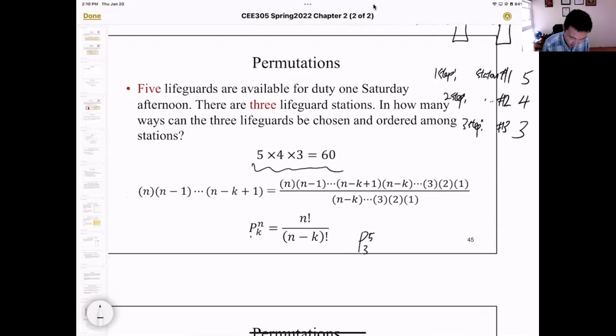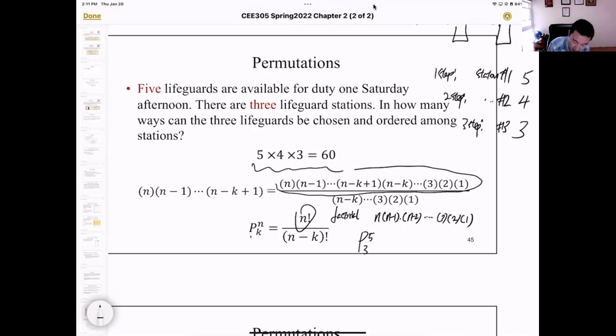P(n,k) is equal to factorial of n divided by factorial of n minus k, where factorial of n is simply n times n minus 1 times n minus 2 and so on, down to 3, 2, and 1.